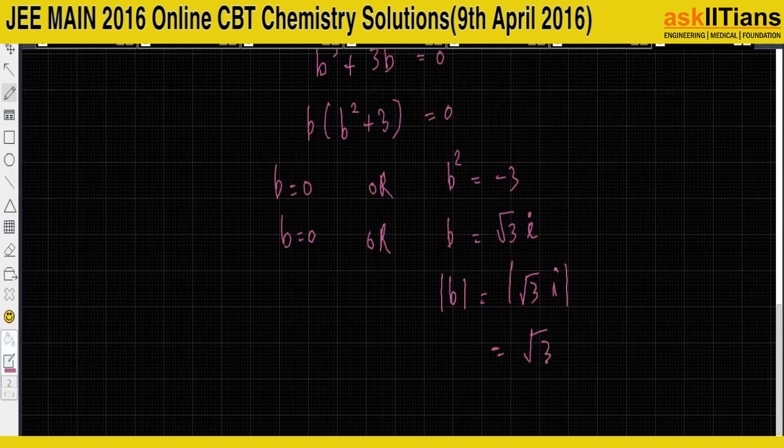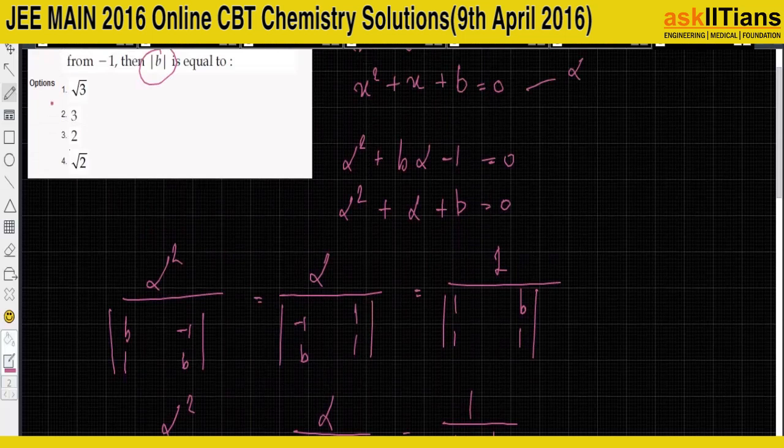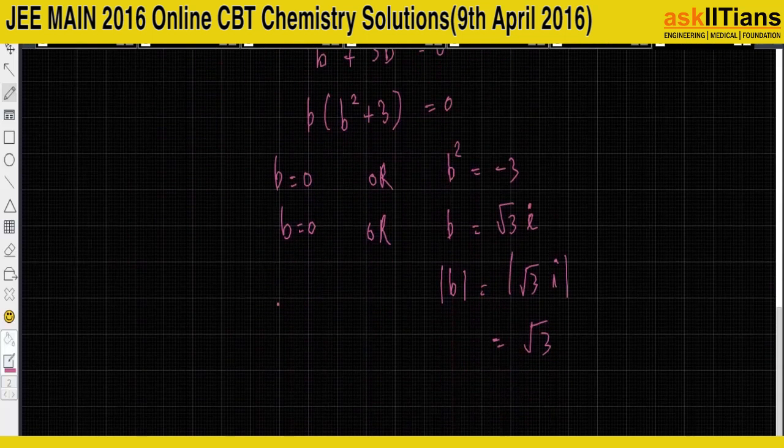So the answer will be root 3. Modulus of b will be root 3. So the final answer is option 1, that is root 3. b equal to 0 is not given in the options, so we will not consider this root. We'll just consider this root, that is root 3.